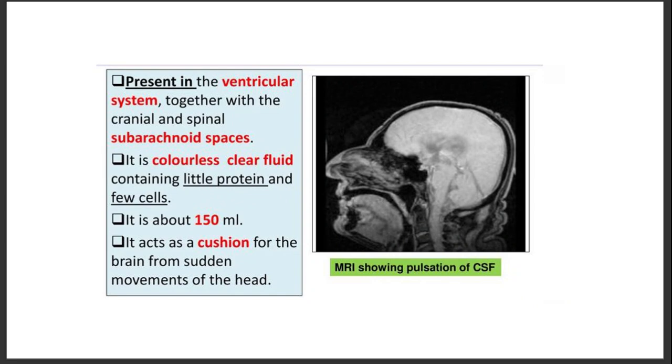Together with the cranial and spinal subarachnoid spaces, these contain cerebrospinal fluid, which is colorless and clear. It has little protein and few cells. If you find a lot of cells, you'll be thinking someone has meningitis.